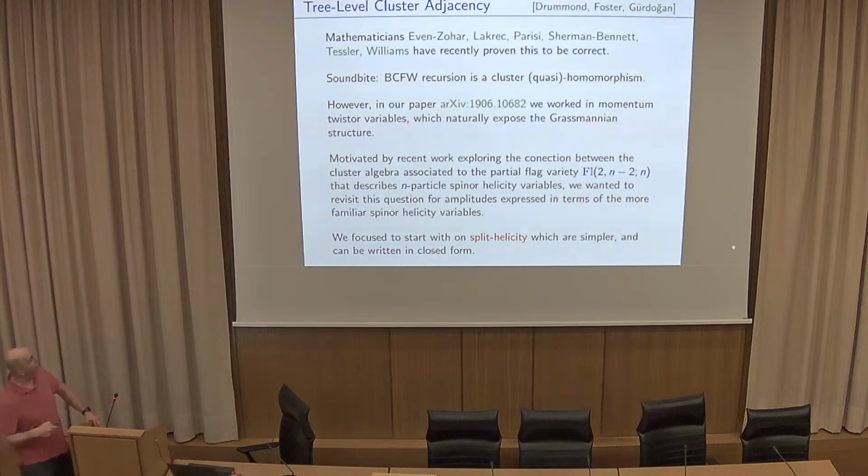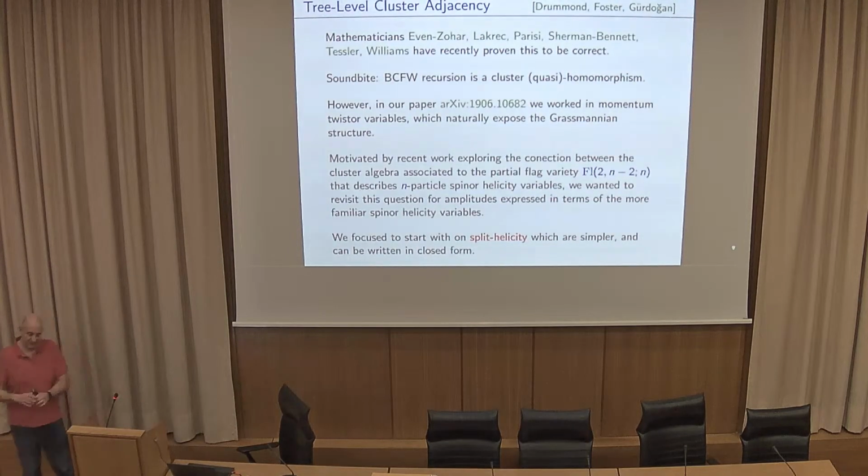But okay. In our recent paper, oh, sorry, in that older paper, we worked in the momentum twistor variables that you heard summarized. But motivated by recent work exploring the connection between the cluster algebra associated to the partial flag variety, we wanted to revisit the question of cluster adjacency for tree-level amplitudes expressed in the more familiar spinor helicity variables. And here we focused on a certain class of amplitudes called split helicity.